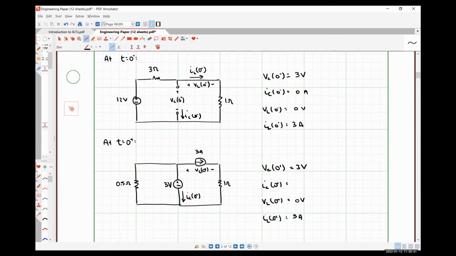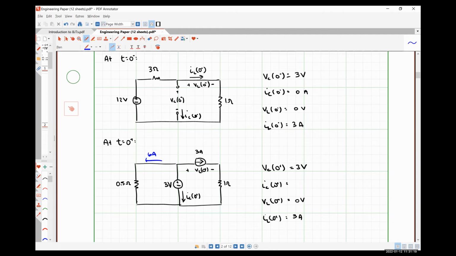Let me write it down. Do we need the voltage of the capacitor and the inductor current just before the transient condition? Not really. We do not need to determine these quantities because they're given to us, and they don't really influence what's going on at t equals 0 plus anyway.